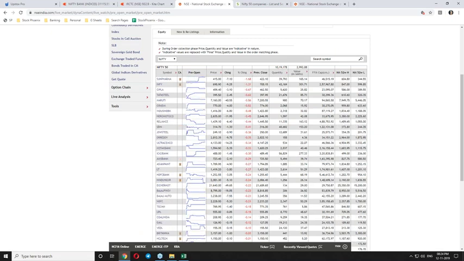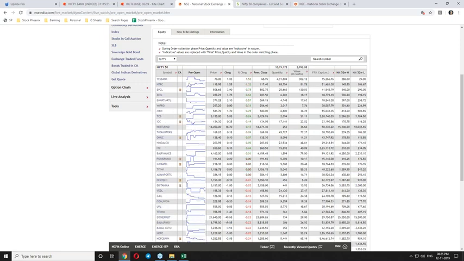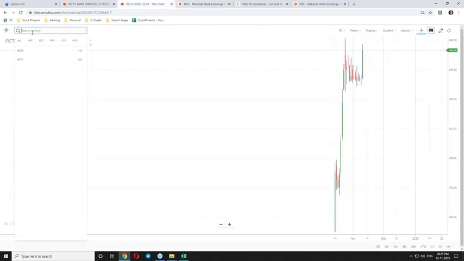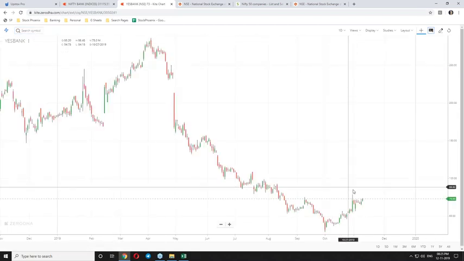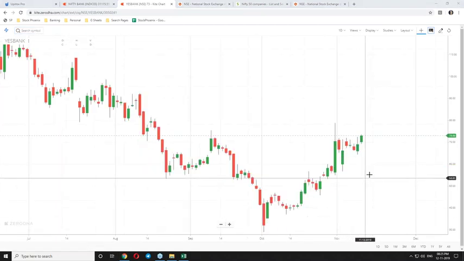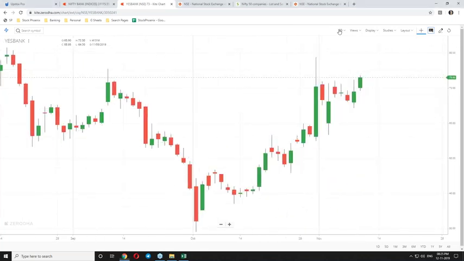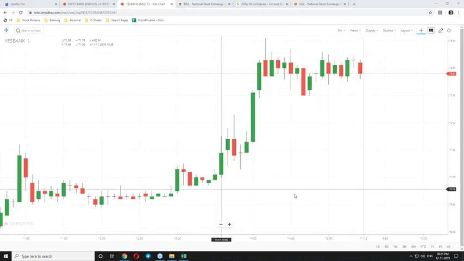For example, in the pre-market today, Yes Bank was 1.5% positive. That means we can expect Yes Bank might have gone up today. Let's see. Yes, it is positive. If you break it down into the 5-minute chart, you can see it is positive.